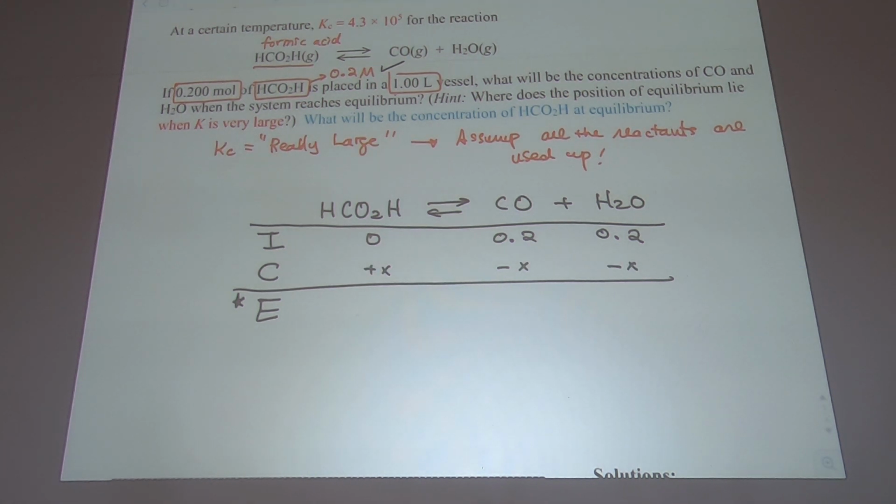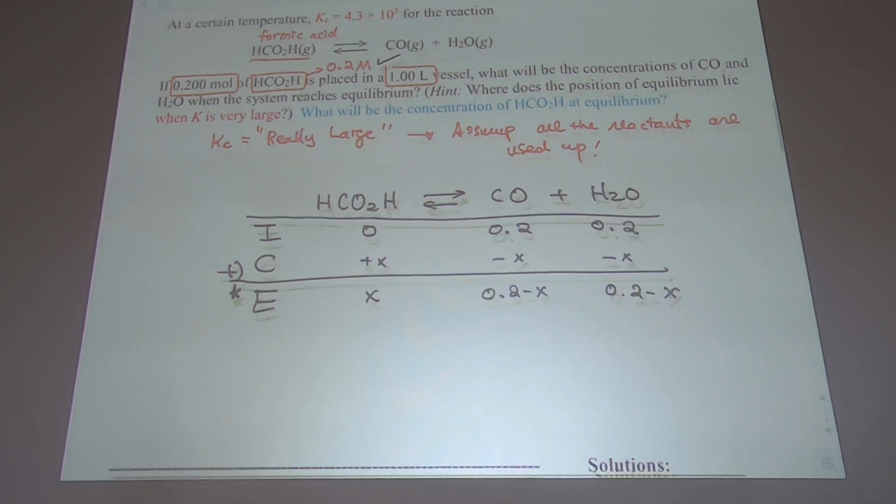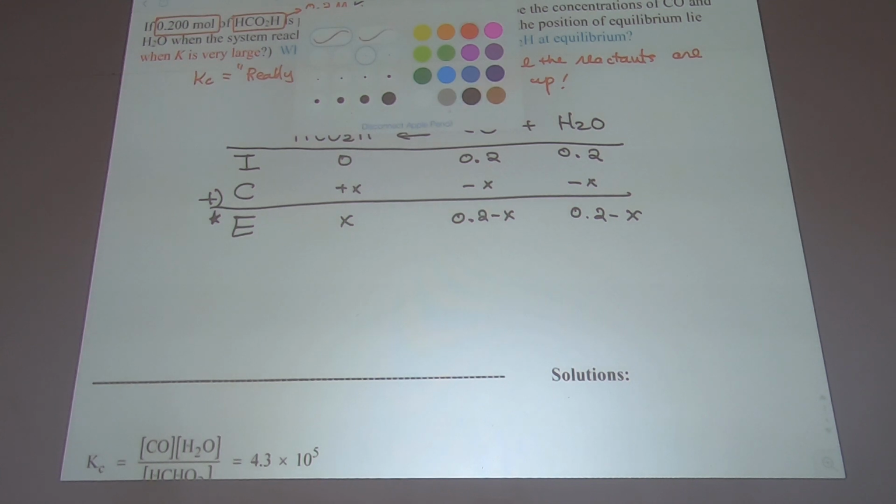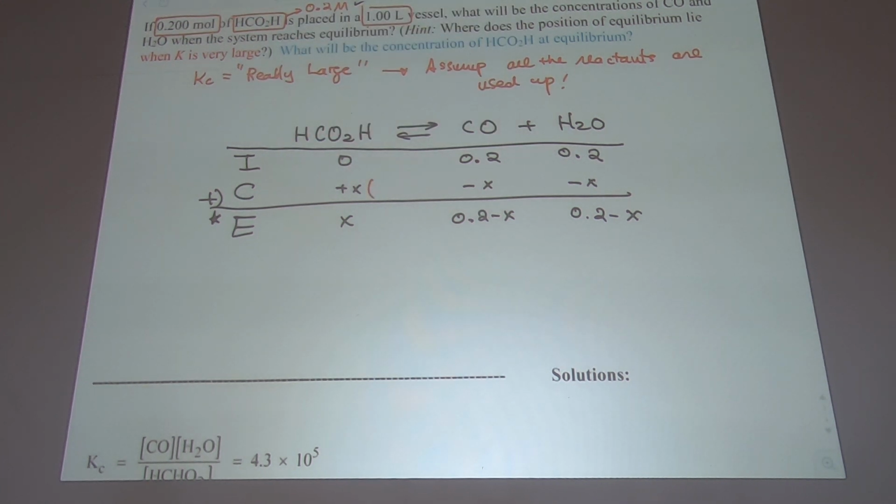That is the logical way to solve this in an easier way. If you add them together, there will be an x, and 0.2 minus x, 0.2 minus x. And it is also important to know that x is very small. Remember that x is a very small number.